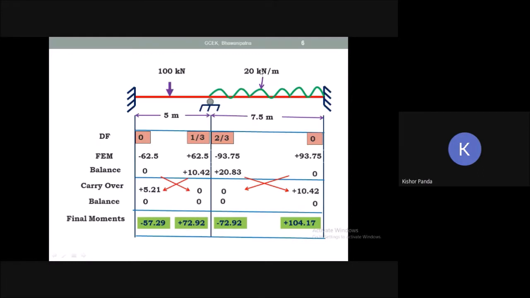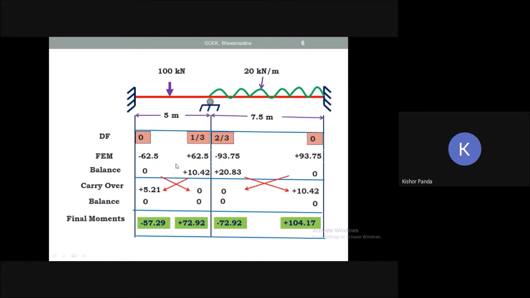Then you know how to distribute and carry over the moment. So this is the continuous beam. Just below the supports at 1, 2, 3 draw vertical lines. First you write the distribution factors. You got the distribution factor for 1-2 as 0, for 2-1 as 1 by 3, for 2-3 as 2 by 3, and for 3-2 as 0.